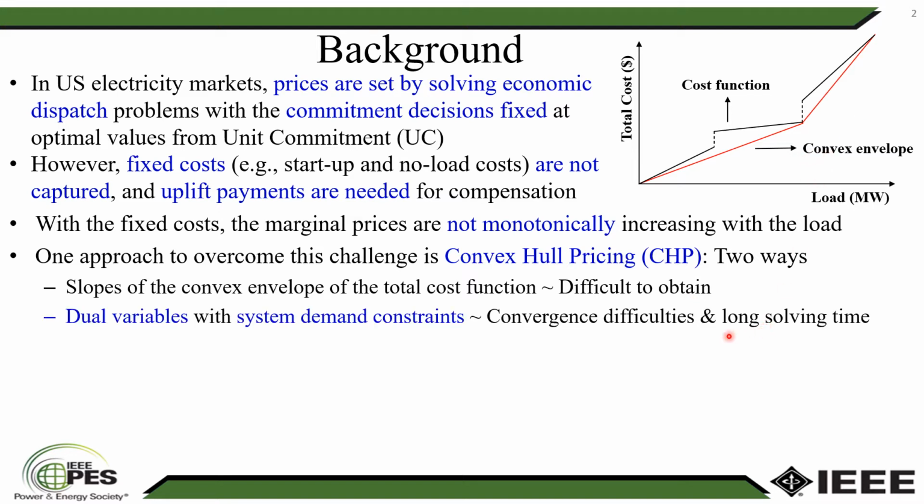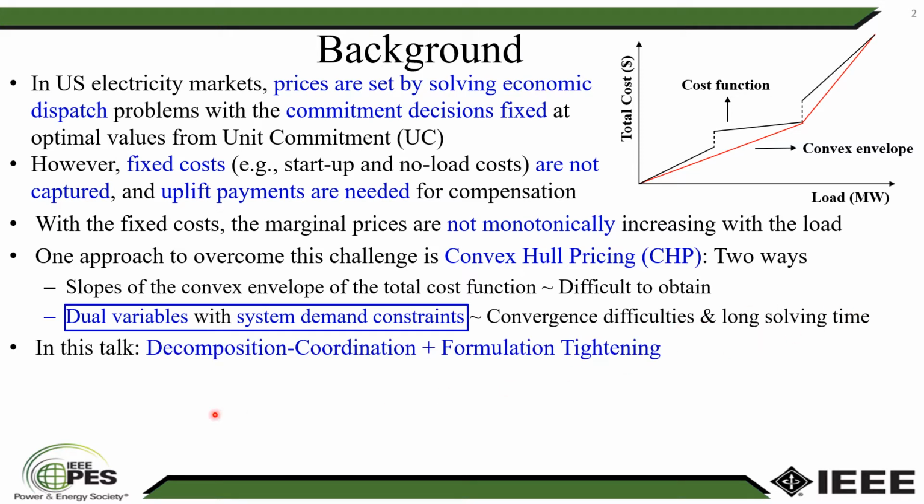Another approach to calculate the convex hull prices is using the dual variables associated with the system demand constraints of the UC problem. This method suffers from convergence difficulties and long solving time. Therefore, in this paper, we choose the second approach and try to overcome its difficulties using decomposition coordination methods and formulation tightening.